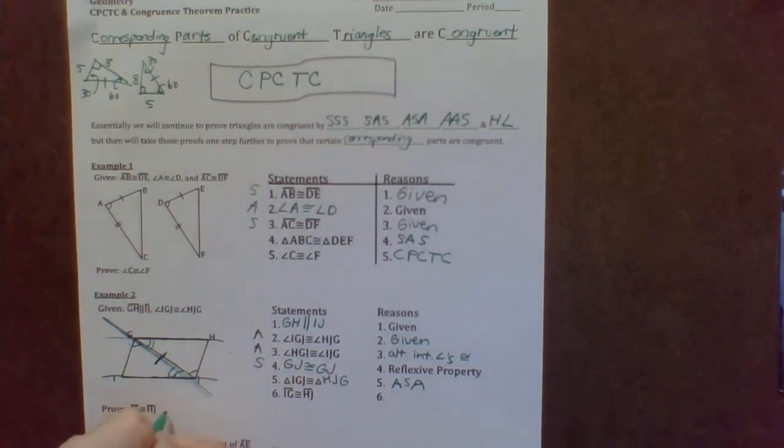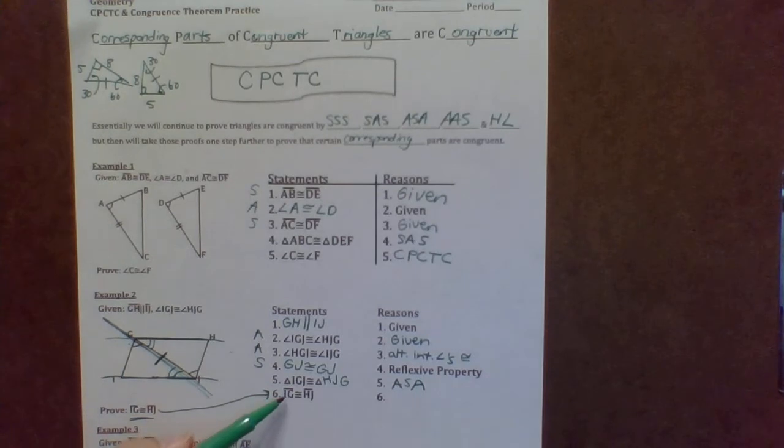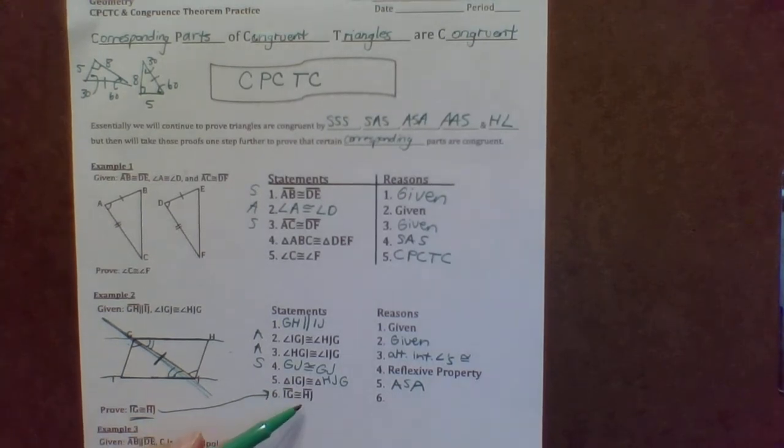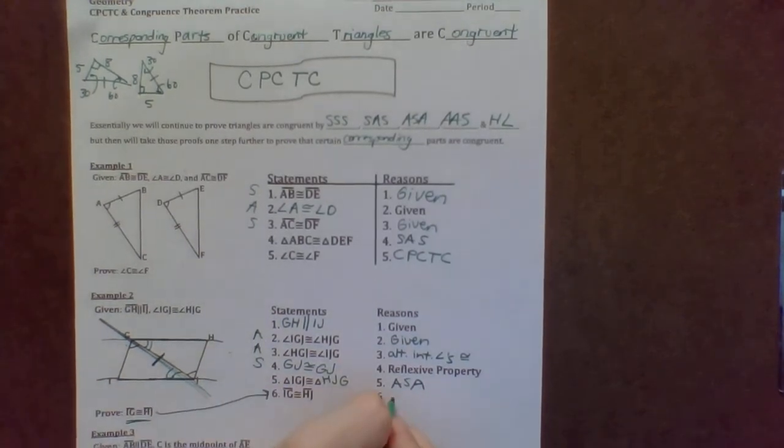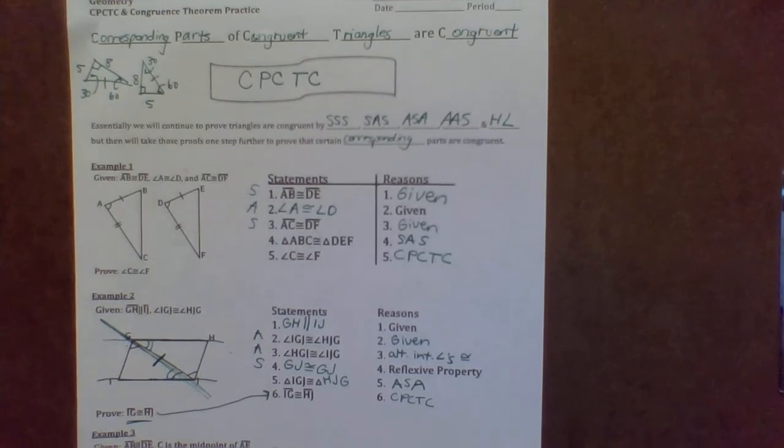We always finish a proof by whatever it is that we're trying to prove, so that's why I brought this straight here. Segment IG must then be congruent to segment HJ because of CPCTC. Corresponding parts of congruent triangles are congruent.